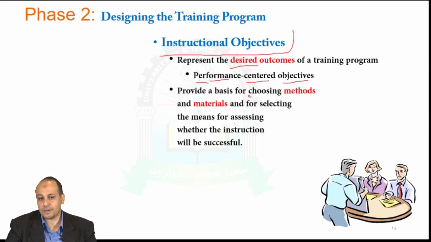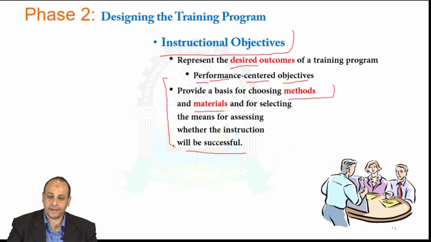They provide a basis for choosing methods and materials and for selecting the means for assessing whether the instruction will be successful. As we talk about SMART objectives, we also talk about SMART objectives in training. So our objectives must be linked to the output of the employees themselves.